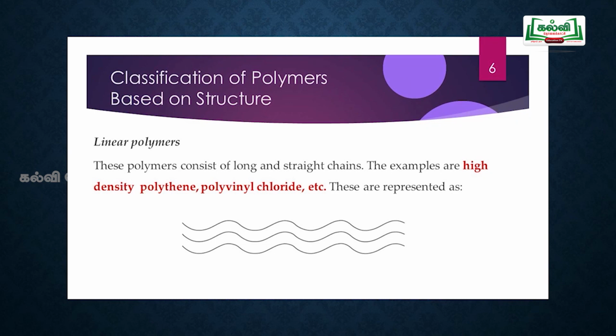Polymers consisting of long straight chains are called linear polymers or straight chain polymers. Examples are high density polyethylene, shortly called HDPE, and polyvinyl chloride, shortly called PVC. Okay, this is a linear polymer.